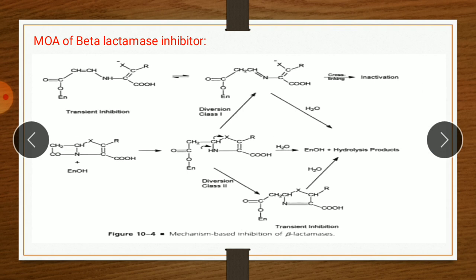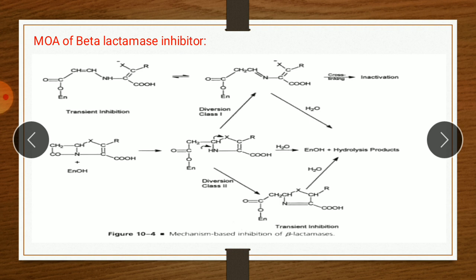Therefore the beta-lactamase sensitive penicillin is not degraded by the enzyme, and so it gives its action. In summary, the inhibitor blocks the beta-lactamase enzyme for a longer time by this diversion reaction.